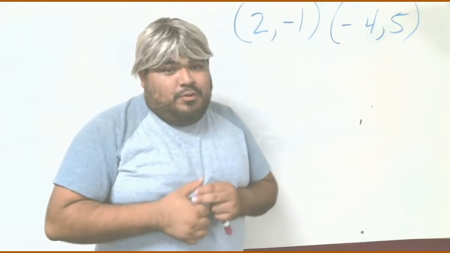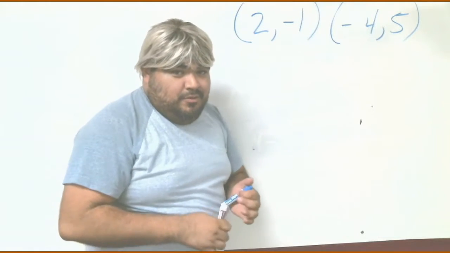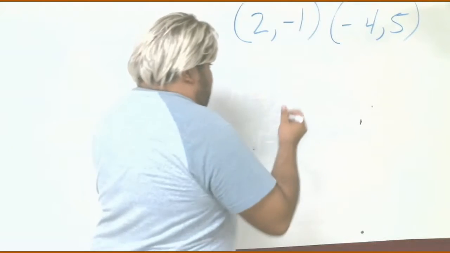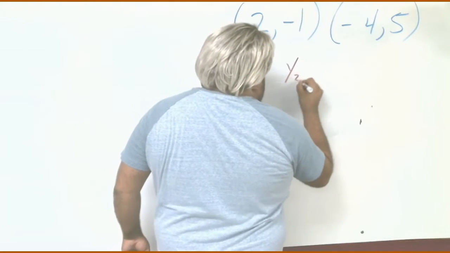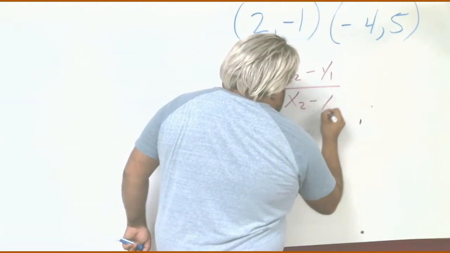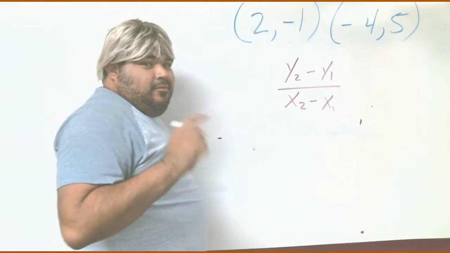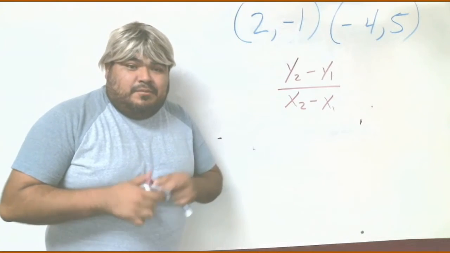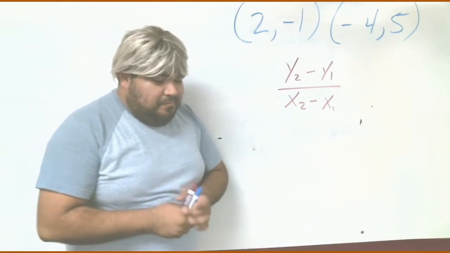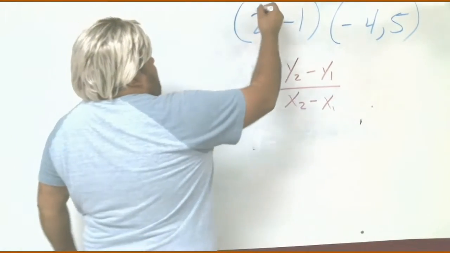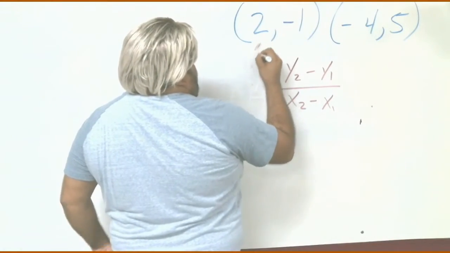Now that we have our points, we can use the formula. Do you guys remember the formula? Good, right? It's y2 minus y1 over x2 minus x1. Okay? So we can start plugging it in, but first we have to label them. The first point is x1.